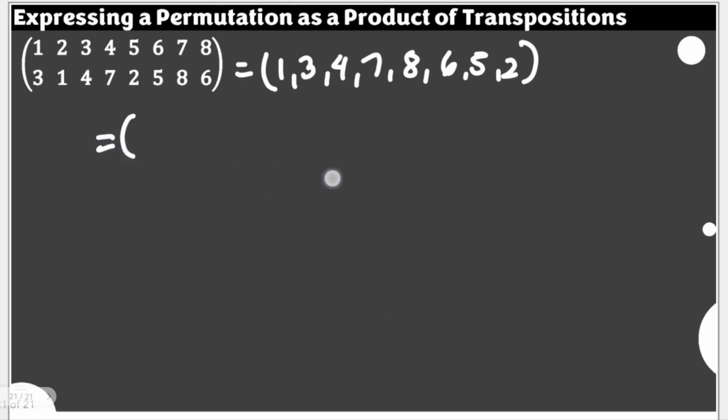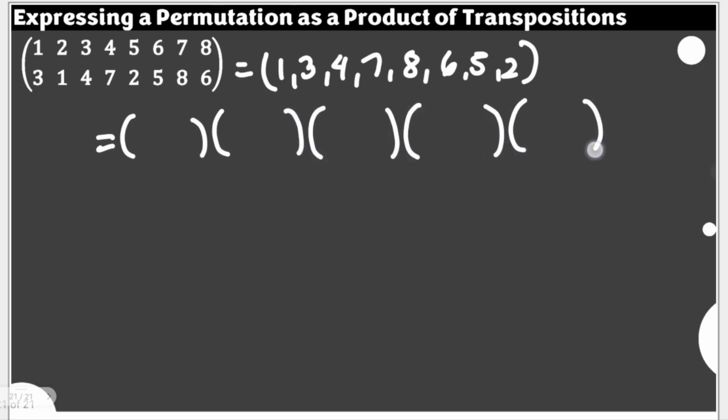Each transposition is a cycle of length 2. When you say cycle of length 2, 2 elements are being mapped to each other and the rest of the elements are mapped to themselves. Okay, so this is how we do it.